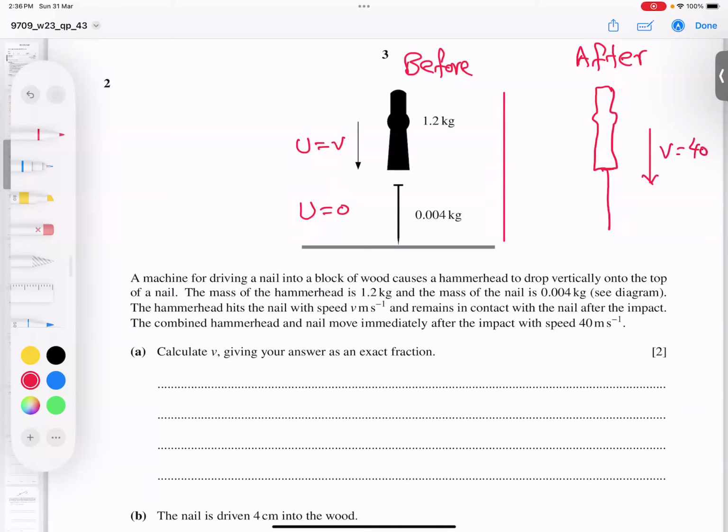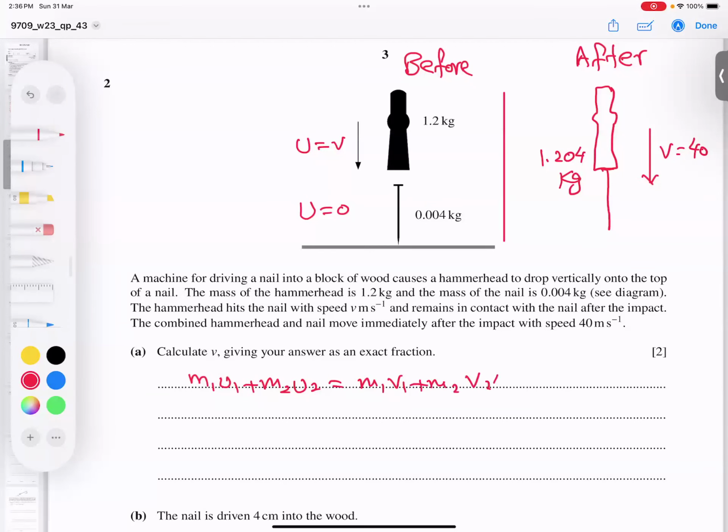So the mass will add 1.2 and 0.4. If you add them, 1.204 kilograms will act together as one mass. So they behave as one object after hitting. Fine. So you know the formula, law of conservation of momentum: m1 u1 plus m2 u2 is equal to m1 v1 plus m2 v2.